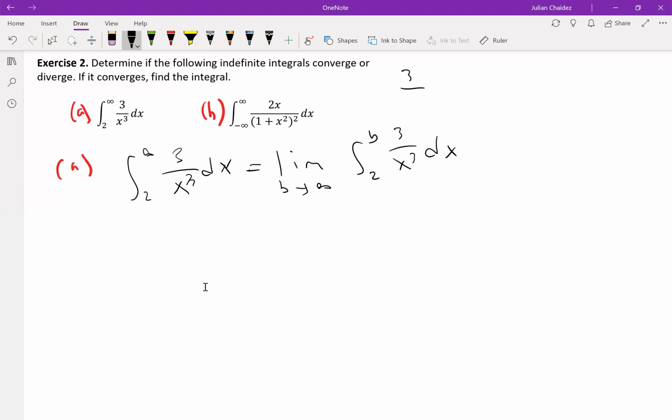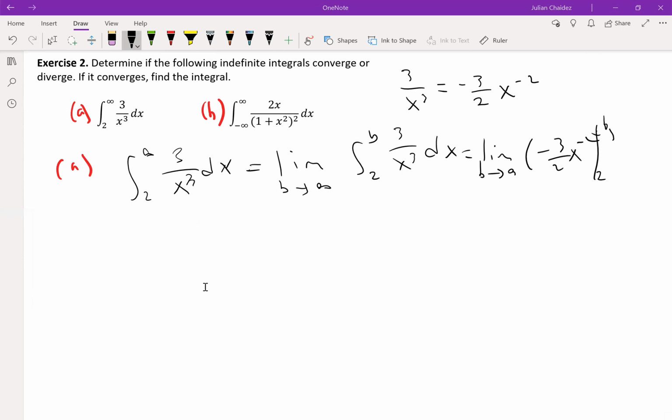Now 3 over x cubed is the derivative of negative 3 over 2 x to the negative 2, right? So I can write this as the limit as b goes to infinity of negative 3 over 2 x to the negative 2 with 2 and b plugged in.